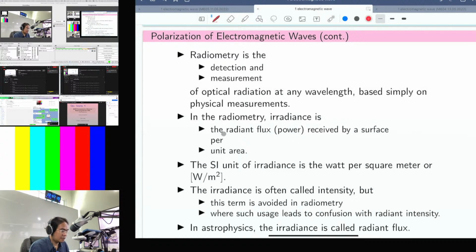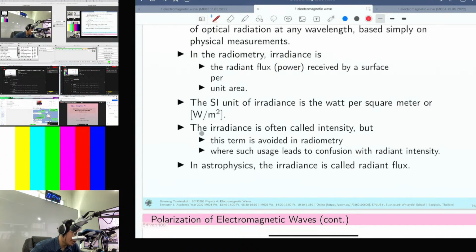Irradiance is the radiant flux, or the power received by a surface per unit area. The SI unit of irradiance is watt per square meter.